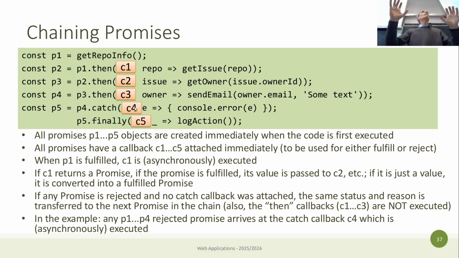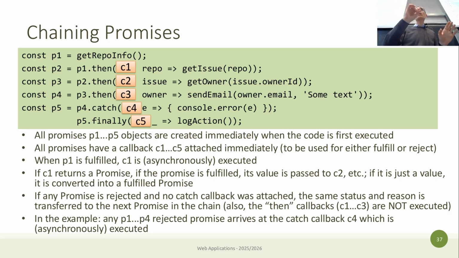So let's try to be as clear as possible. Attaching the callbacks to the promises happens in the beginning. And depending on how the initial promise is settled, fulfilled or rejected, determines which callbacks will be executed in the chain, okay?